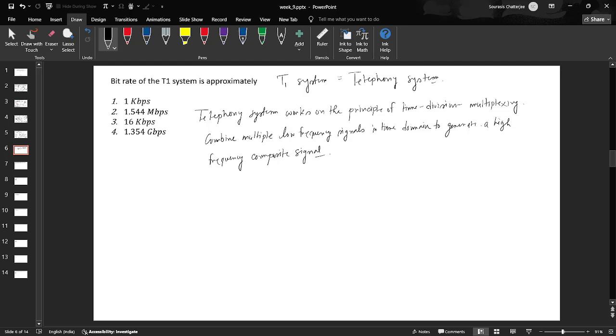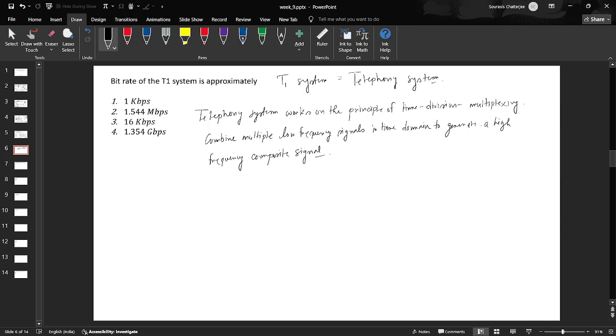So the idea is you have the same channel, so your channel resource is kind of limited. So what you are planning to do here is basically multiplex multiple low frequency signals to create a high frequency signal that you can transmit over the channel.